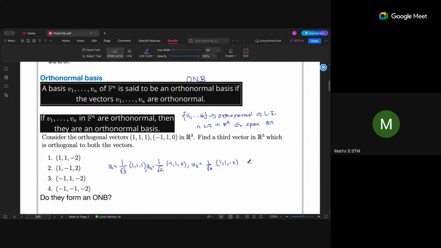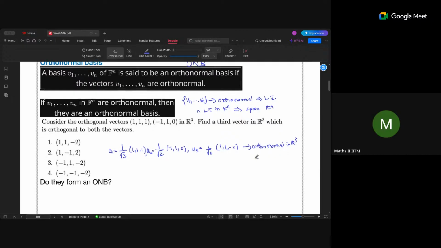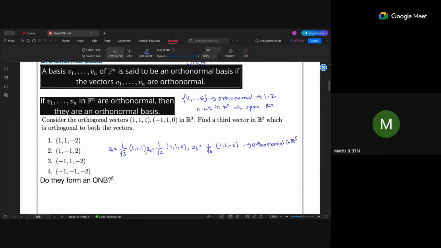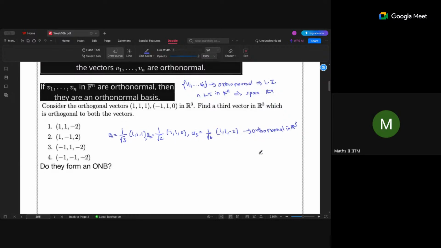So these three are orthonormal in R3. We have three vectors in R3 which are orthonormal, so this is an orthonormal set. Do they form an orthonormal basis?